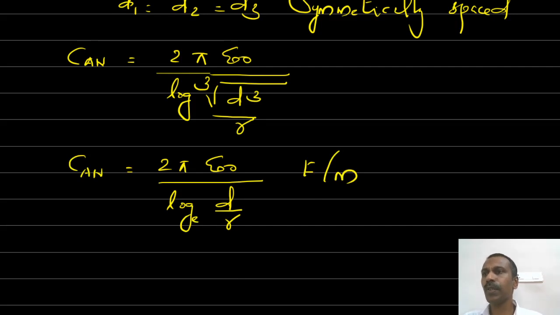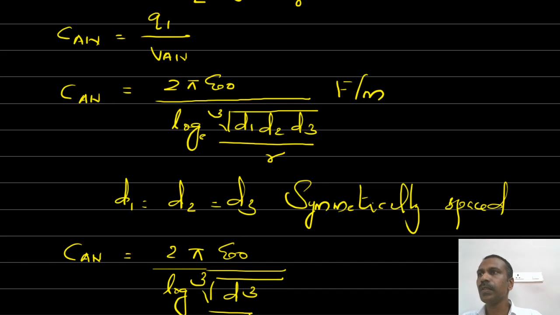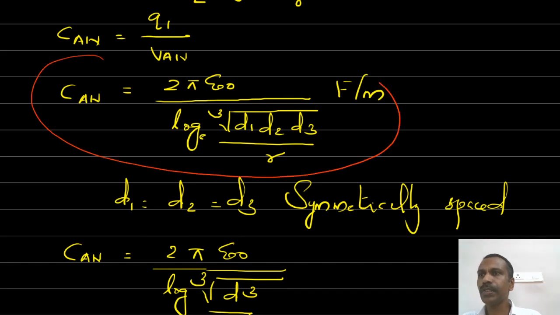If they are asymmetrically spaced, then this is the capacitance, 2 pi epsilon 0 divided by log of the cube root of D1, D2, D3 divided by R.